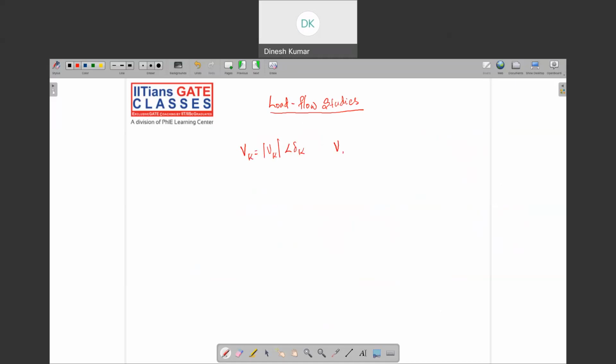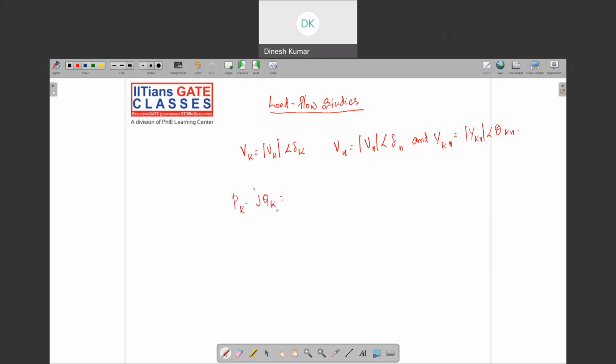Then Vn equal to mod Vn angle delta n, and Ykn equal to mod Ykn angle theta kn, right, like this.